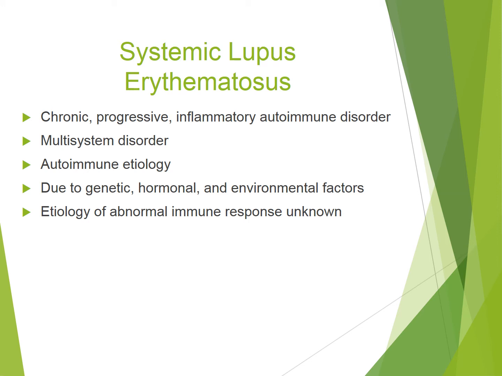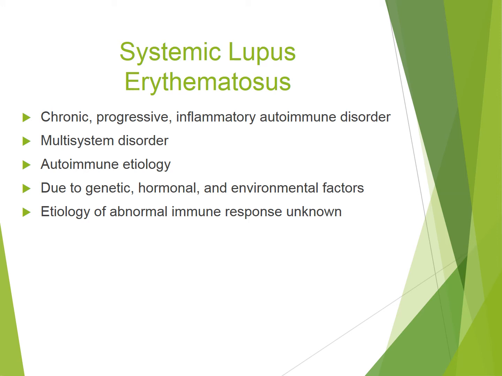So basically, when you look at causes, the evidence-based practice out there says that there is no single gene. Having a defective gene was kind of a thought, but the evidence-based practice says there is no single gene that predisposes someone to lupus. I always have to read the evidence-based practice.